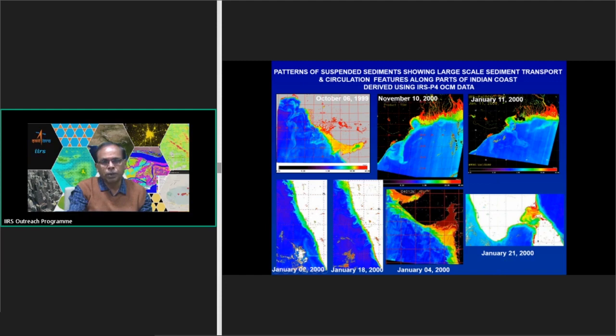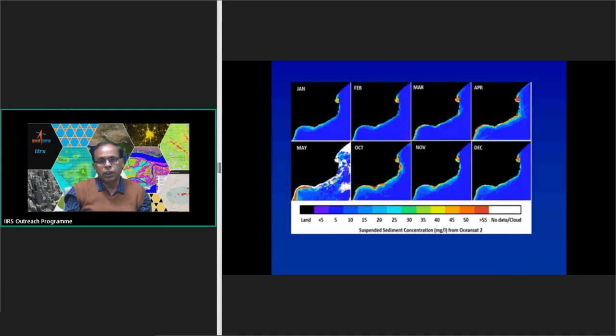You can see. And these plumes carry a lot of suspended sediment, a lot of nutrients along with it to the open ocean. This will trigger the productivity of the ocean.